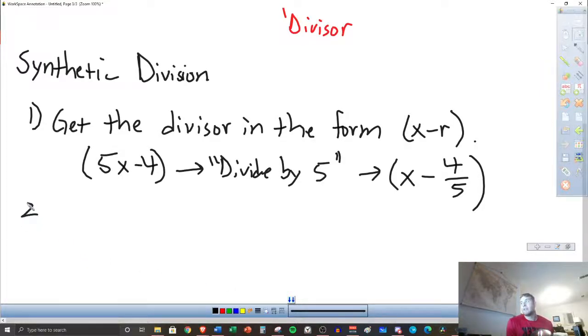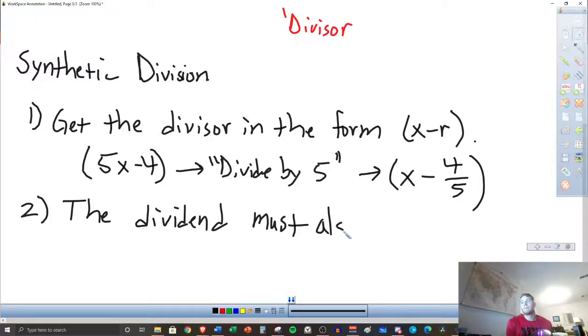Now, the second part is this. The dividend must also be divided by this number.